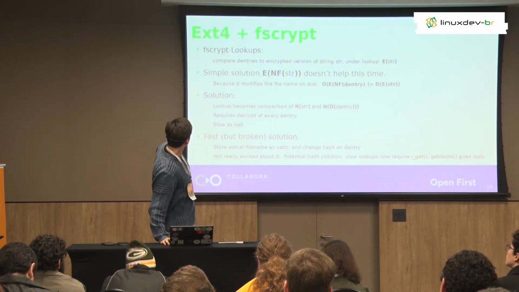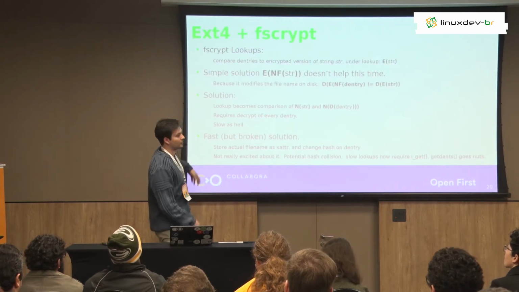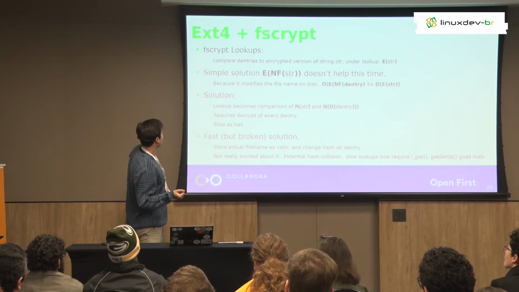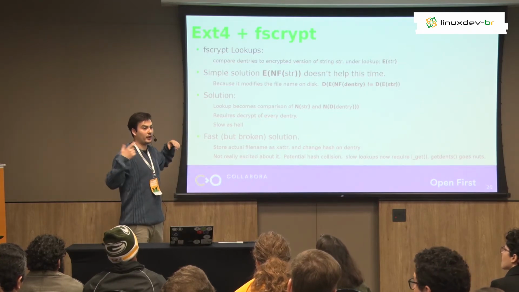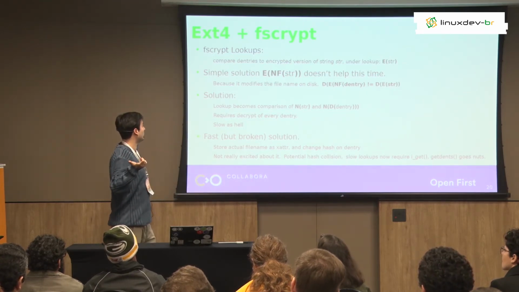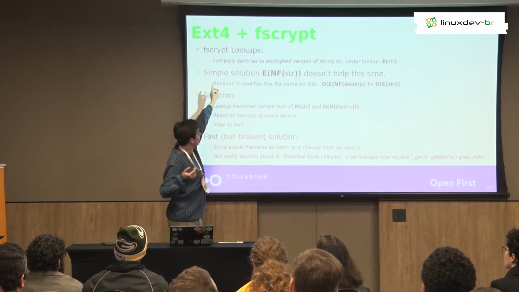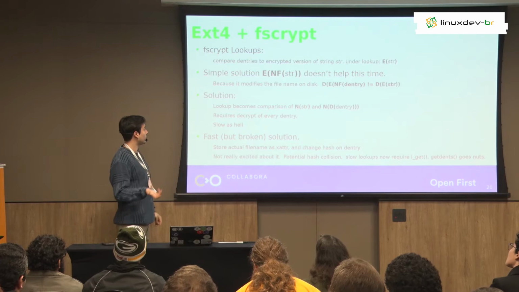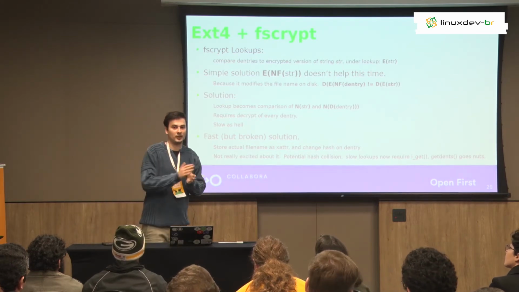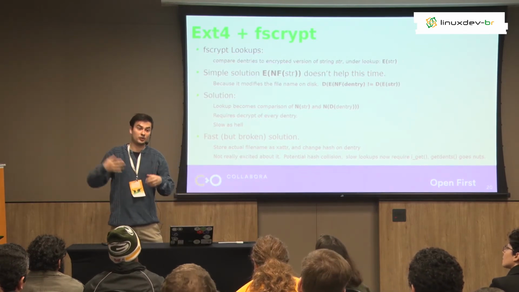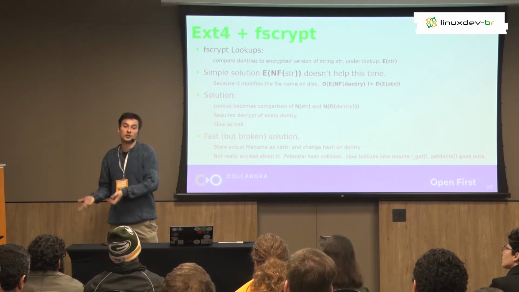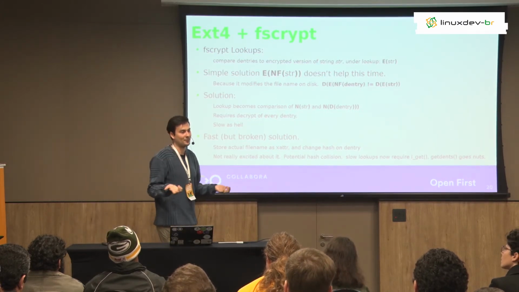There is another problem with encryption, which is, how do we solve file names that are encrypted? Well, the current lookup compares the entry to the encrypted version of the string. That doesn't work because encrypting lowercase is not the same as encrypting uppercase. Let's try the same hash solution.